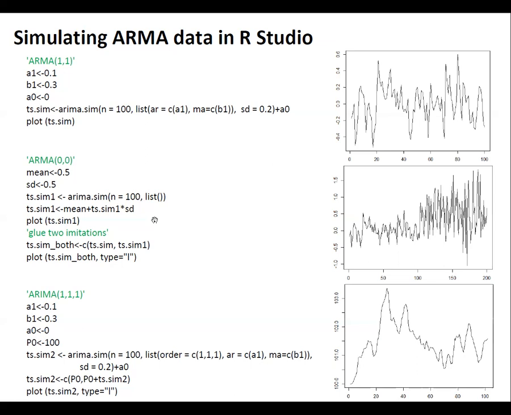To bring them to the given mean and standard deviation, we first multiply what you generated in the previous step by the standard deviation and then add the average value. Therefore, here you see a different formula: the generation process for ARMA 0,0 with a given mean and given standard deviation.